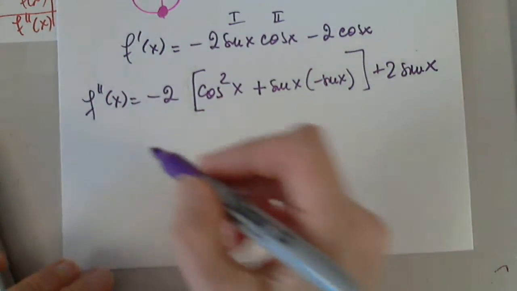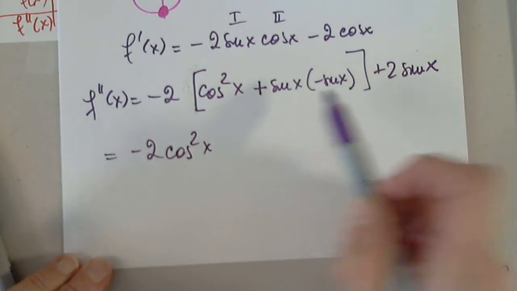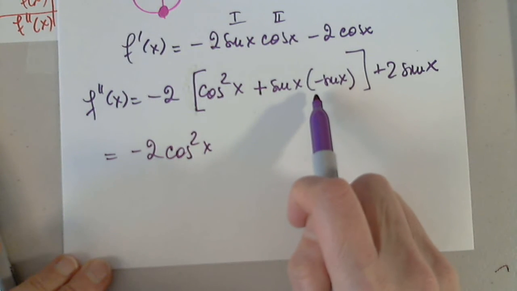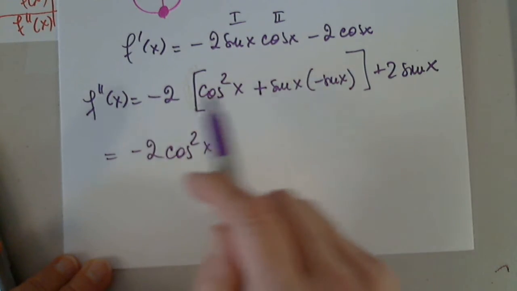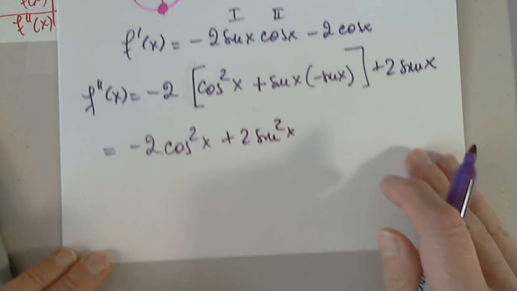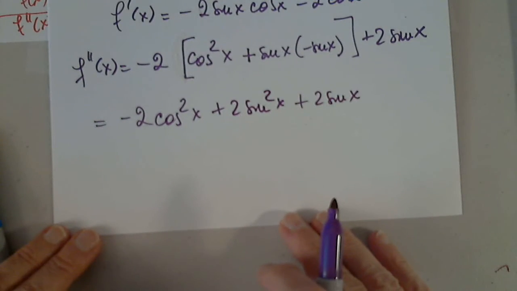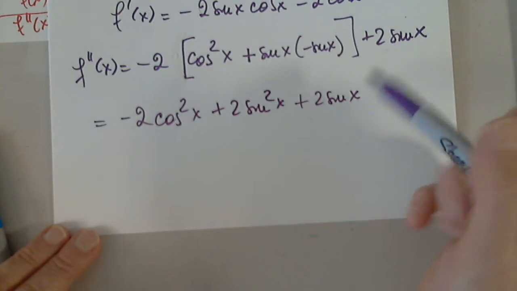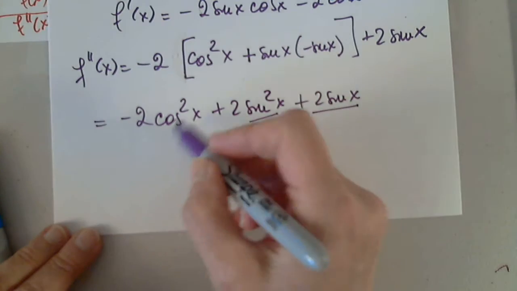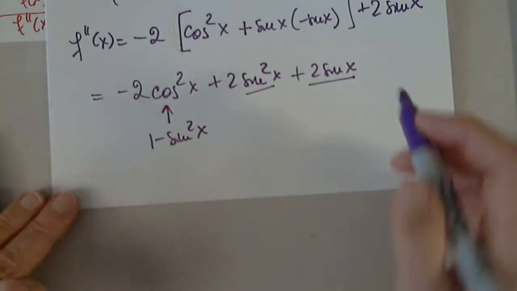Okay, let's see. -2 cosine squared. And this is negative sine squared with minus in front. So negative sine squared with minus, so that's positive 2 sine squared and plus 2 sine x. Messy because I have to keep the sign but change this again, as you told me before, to 1 minus sine squared.